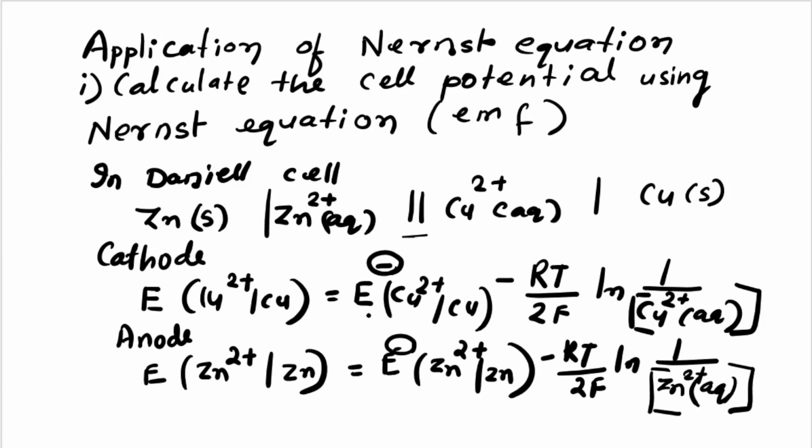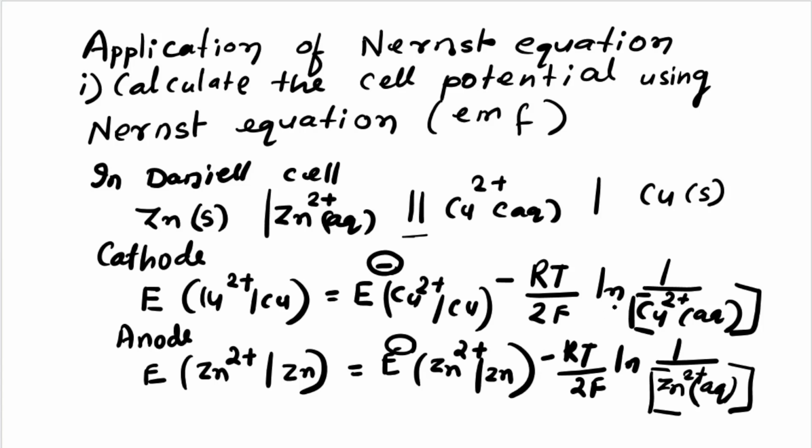You put E0, the standard value of the copper electrode, minus RT by 2F, because 2 electrons are involved. Remember, 2+ means 2 electrons, so the value is 2F.